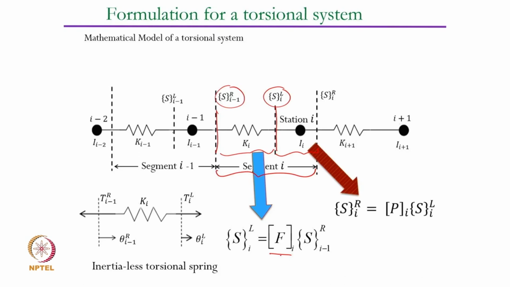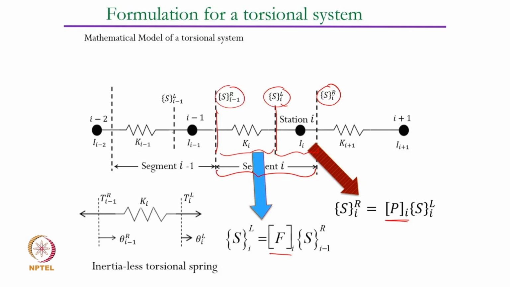We already got an expression relating the state vector on the right of the ith inertia to the left of that inertia through the point matrix. So these two are the matrix relationships between the state vectors that we have.